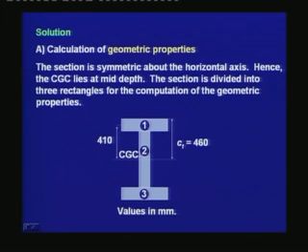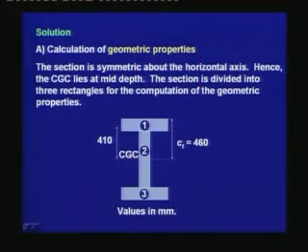Next, we are checking this section based on Magnel's method, but before that we need to calculate the geometric properties of the section to plot the 4 lines in the 1 by P0 versus E plane. That means our first step is the calculation of the geometric properties of this section, from which we will be able to draw the 4 lines. The section is symmetric about the horizontal axis, hence the CGC lies at mid depth.